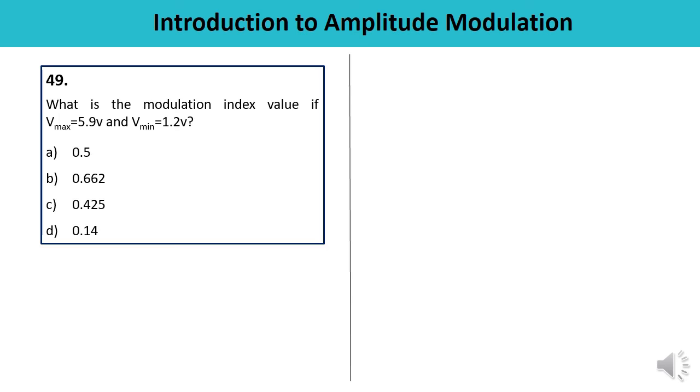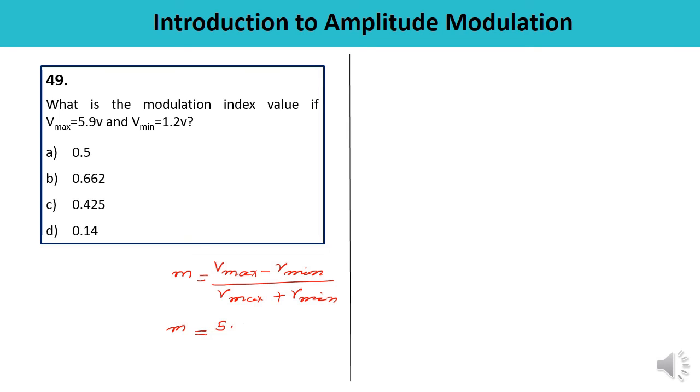Next, what is the modulation index if the values of maximum and minimum voltage are given? Recall the formula. Modulation index, denoted by M, is the ratio of V maximum minus V minimum upon the sum of V max plus V min, and both the values have been given.